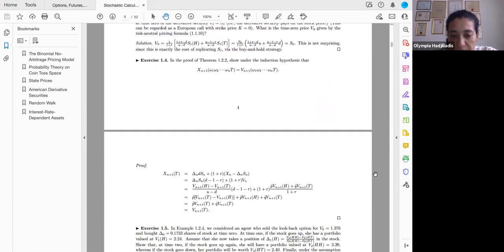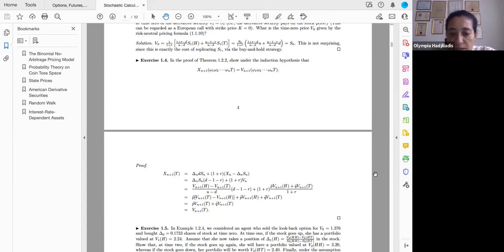And the proof: X_{n+1} is Δn d S_n + 1 + r (X_n − Δn S_n). Okay, so this is equal to Δn S_n (d − 1 − r) + (1 + r) V_n.